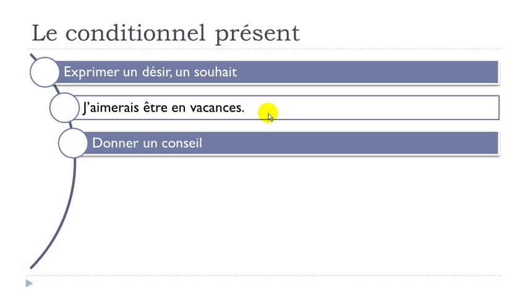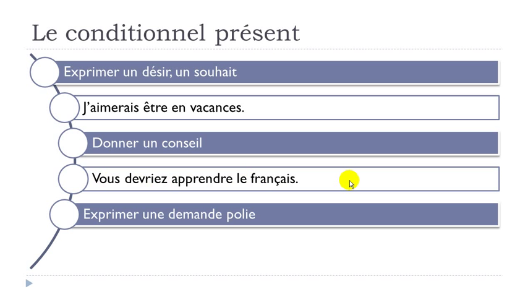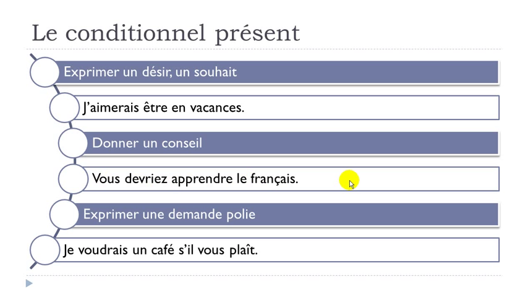Second use will be if you want to donner un conseil, to give an advice. Vous devriez apprendre le français. Okay, devoir, to have to, but then in that case when you say vous devriez, you should. That would be the more correct translation. Vous devriez apprendre, apprendre is to learn, le français, French. And then if you want to ask something politely, that's the tense you should definitely use.